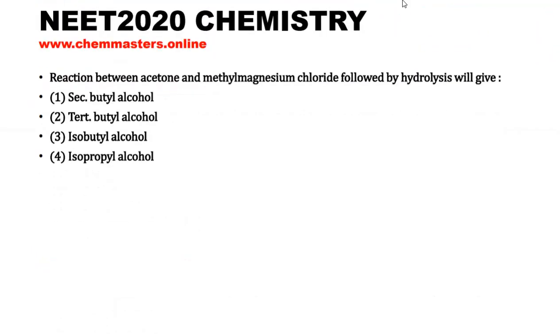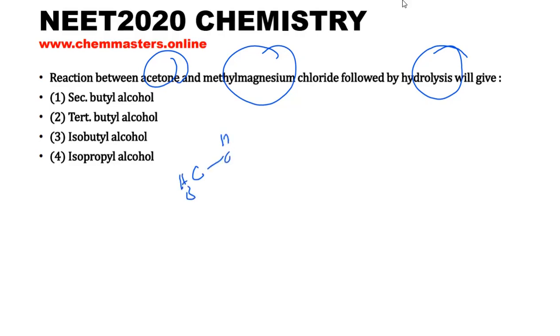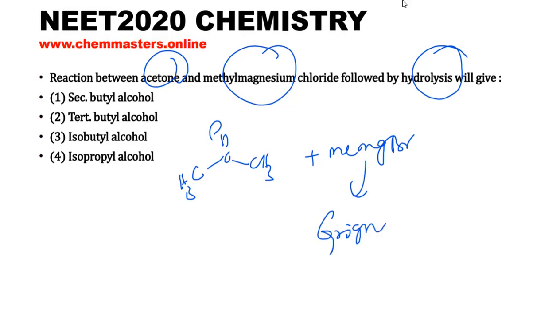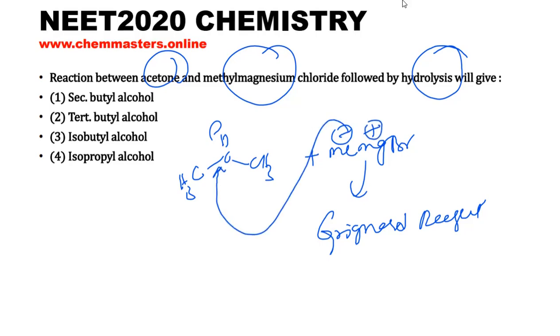Next question, reaction between acetone and methyl magnesium chloride followed by hydrolysis will give... So now try to draw the acetone here. Acetone on reacting with methyl magnesium bromide, what is it? Grignard reagent. The negative charge on the methyl group is going to attack the electrophilic carbon of the carbonyl of acetone.